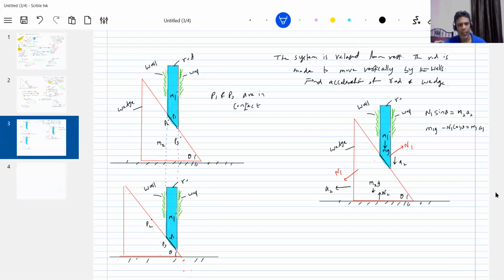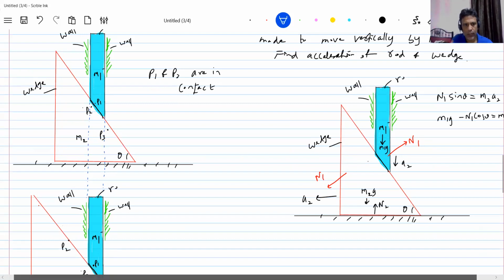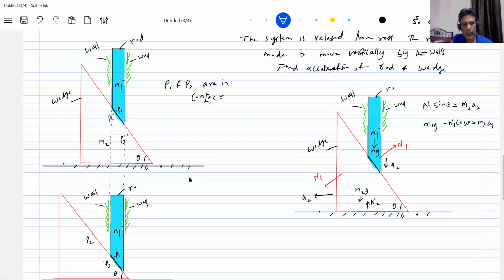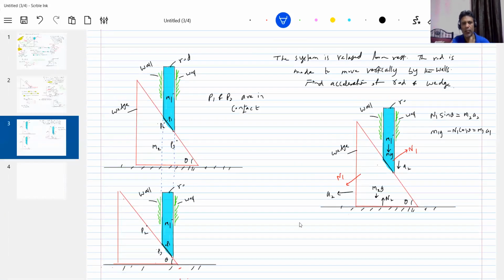The dotted line I'm also showing. The rod has not displaced horizontally. It has only slid vertically. Are you seeing the blue dotted line? This much is what is available.